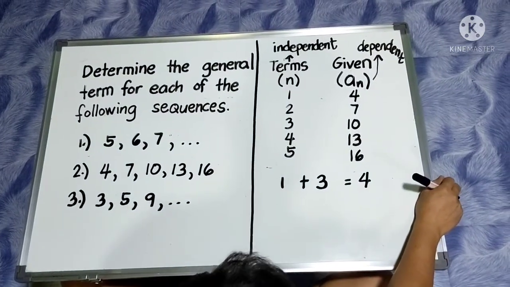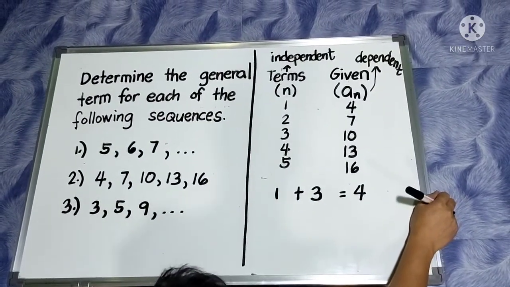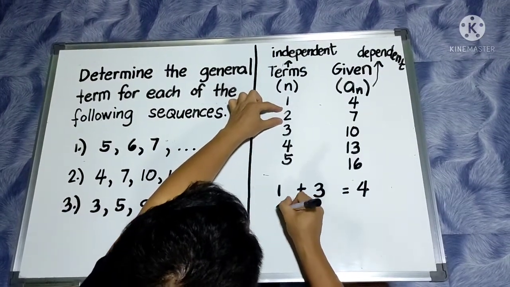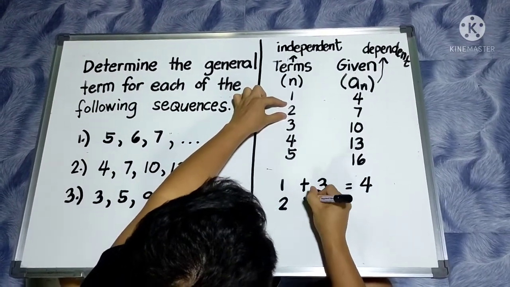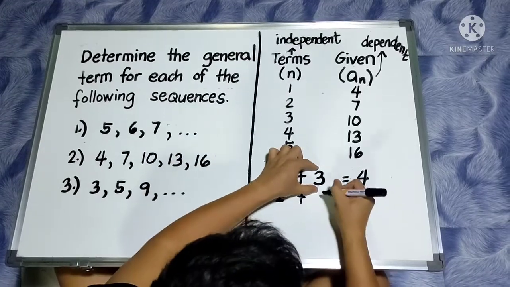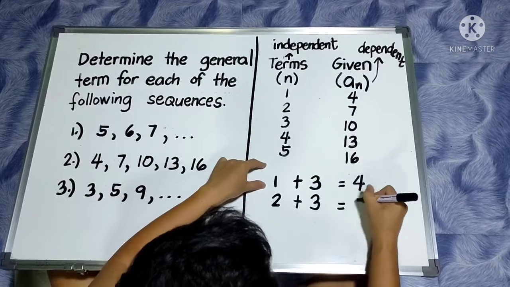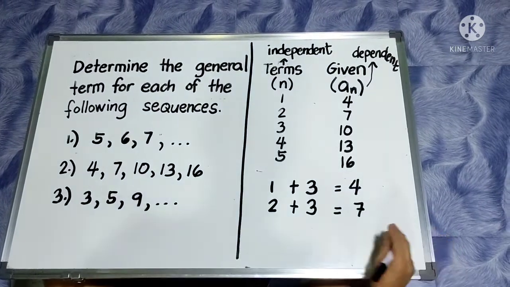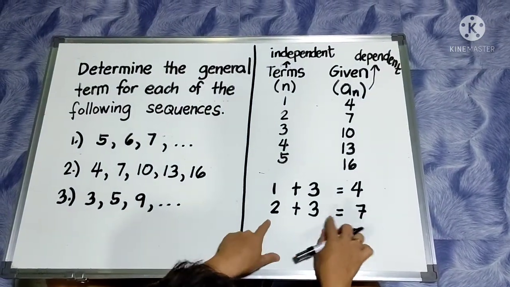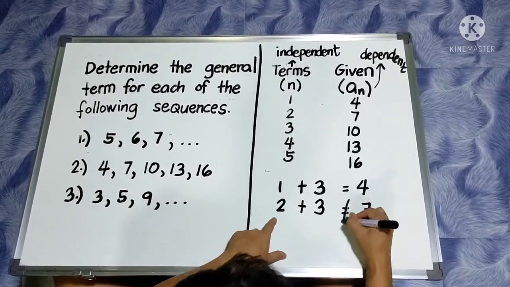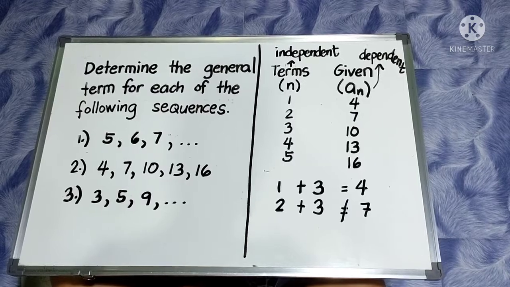Now let us check if it is still true to the second term. So your n is 2 plus 3, because that is what we did in number 1. Is it equal to 7? 2 plus 3 is equal to 7? The answer is no, it's not equal to 7.